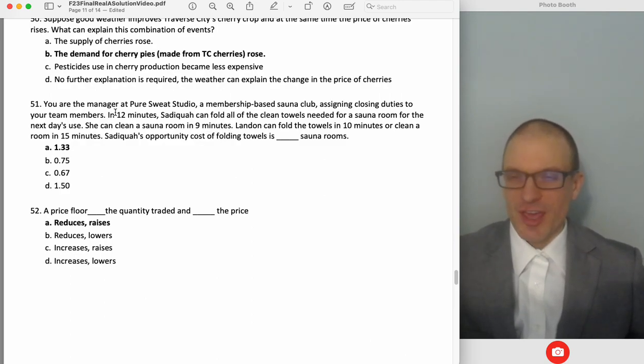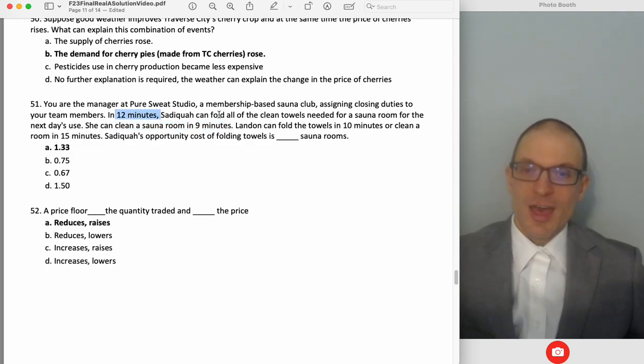I'd rather just say, okay, 12 minutes. How does the time requirement necessary to do towels compare to the time requirement necessary to do rooms? So I'd say, okay, in 12 minutes I could do towels, which is 133% of the time necessary to do rooms. That's 1.33. That's a little awkward. Maybe it's easier to do the math the other way.